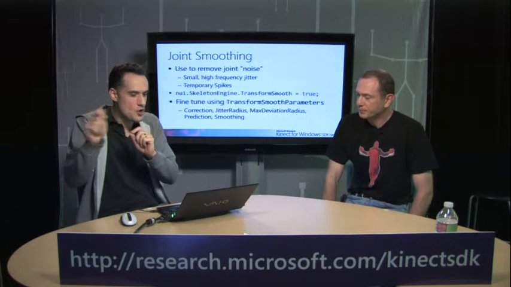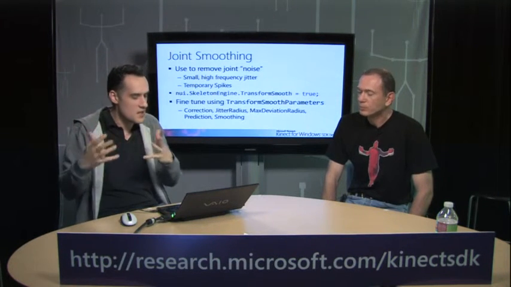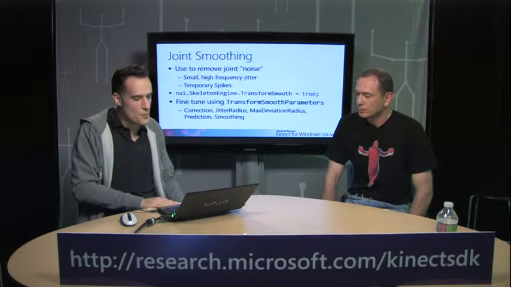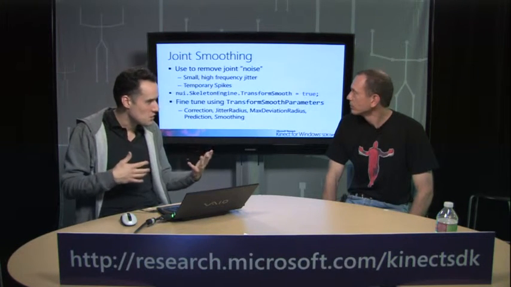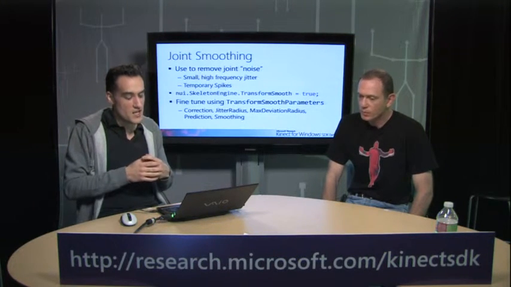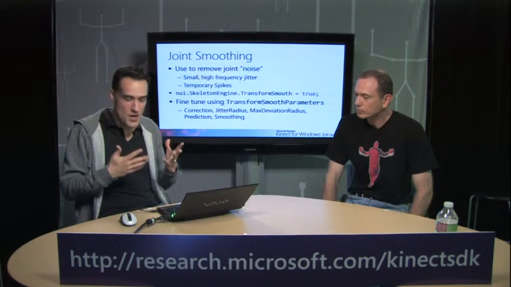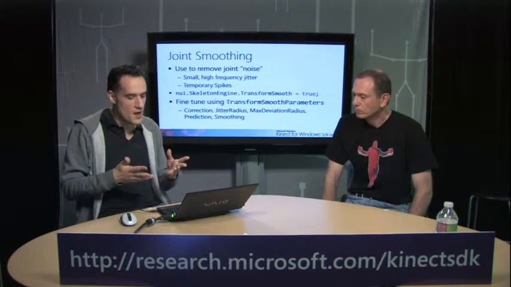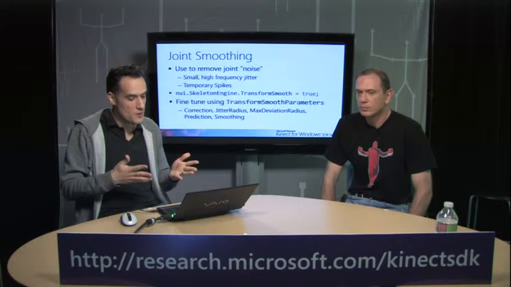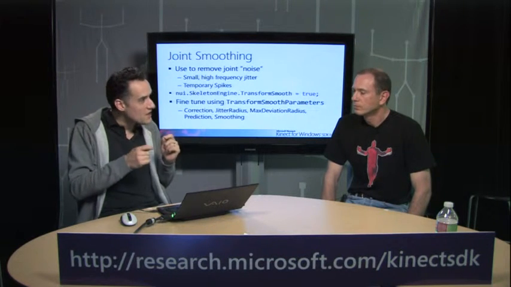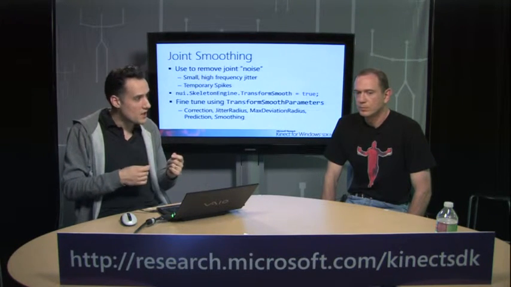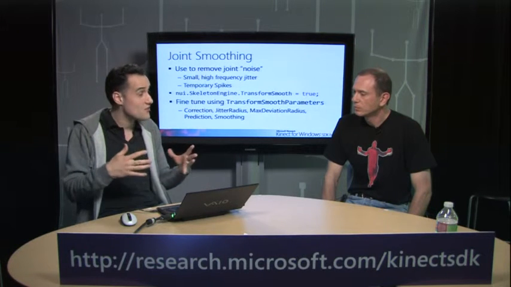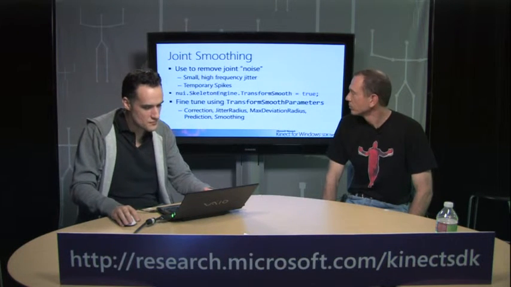And if you're drawing something on every motion, it seems off. So this allows you to remove that high frequency noise, those spikes, and it's all built in. You have to set transform smooth equal to true. You can set default transform parameters, or you can fine tune things like correction, jitter radius, max deviation radius, all these different things to control it.